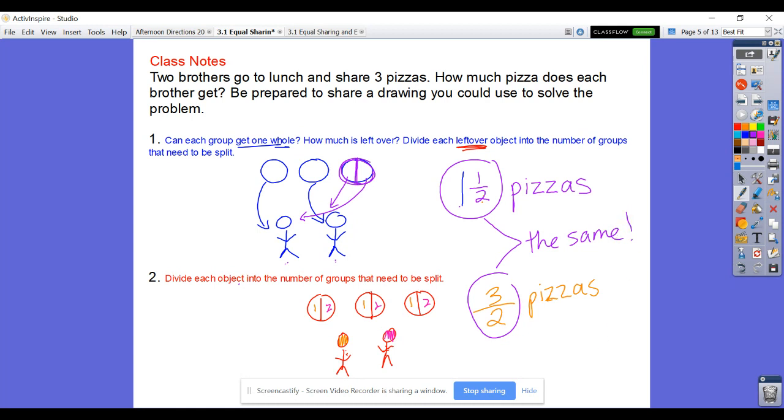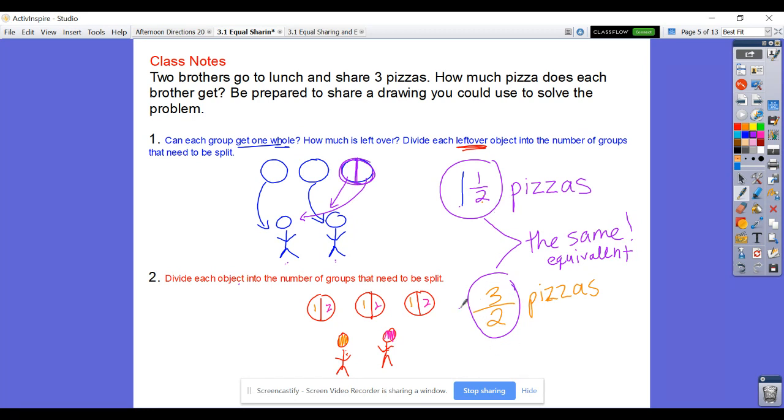These are the same, or another, you know how I love math vocabulary. The mathematical way to say that would be that these are equivalent. And you hear that word equal in the adjective equivalent. These are equivalent amounts. Even though it's represented a slightly different way, they're equivalent amounts.